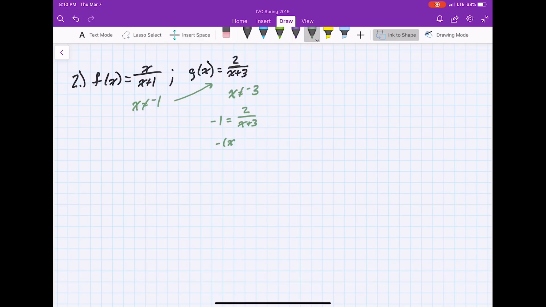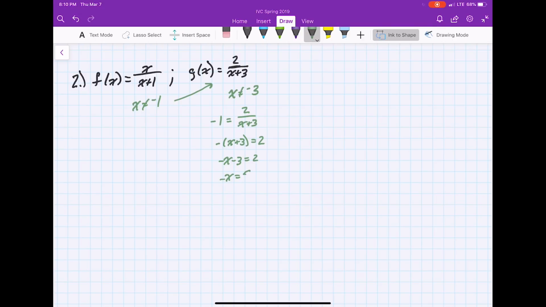So we have negative times the quantity x plus 3 is equal to 2. We're going to distribute that negative across, so we get x minus 3 equals 2. We add 3 to both sides. We're going to get x equals 5.